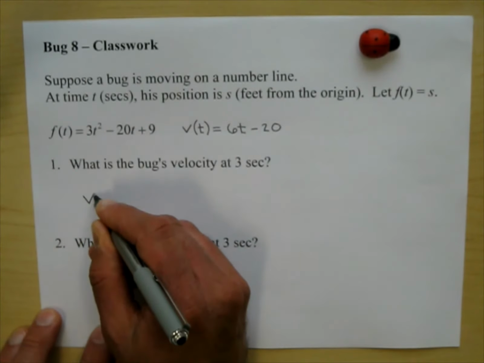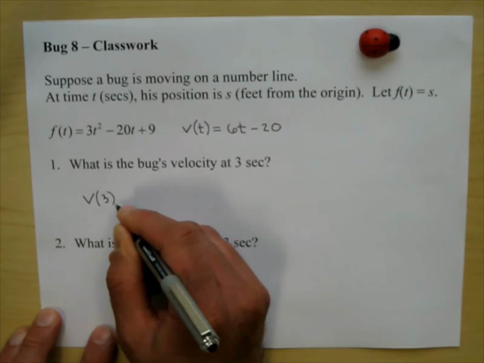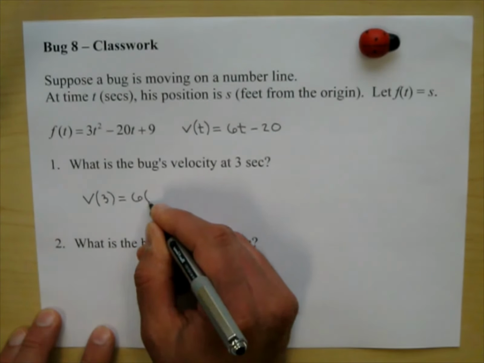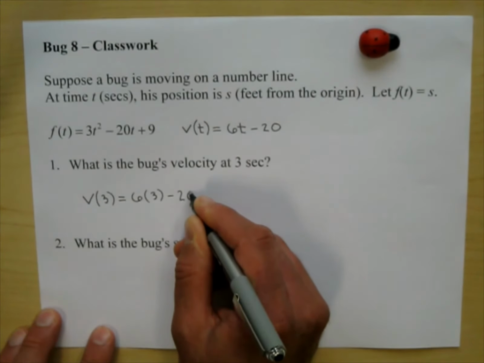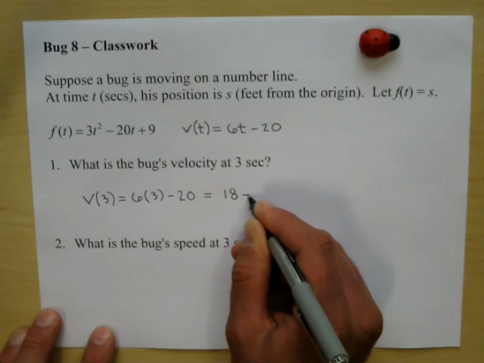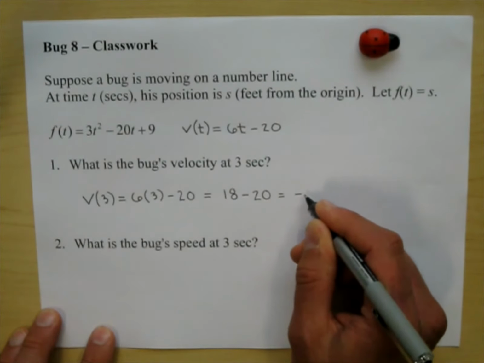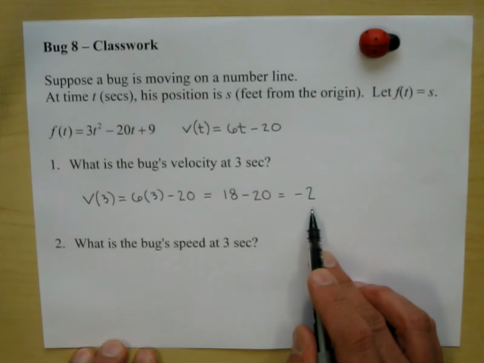Well, you just plug the time 3 into the velocity function. So I have 6 times 3 minus 20. So this is 18 minus 20, negative 2. And we have to be careful, what are the units for velocity?